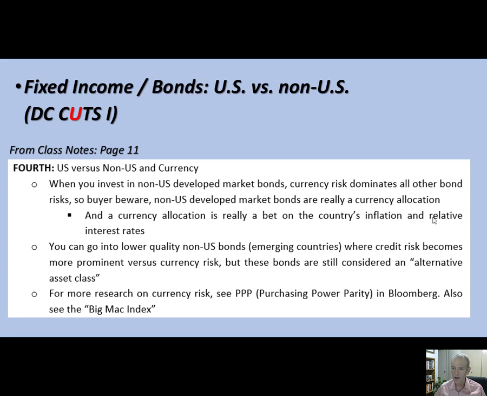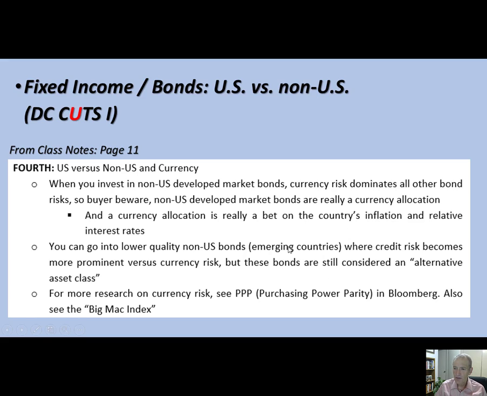So maybe that's priced in the bond. Maybe you think it won't be that bad, and so you buy those bonds. So when you do lower quality bonds, those countries that are struggling, if you really think they're going to do better than expected, you'll have a double win. The bond will do well and the currency will do well, but you better know what you're talking about.